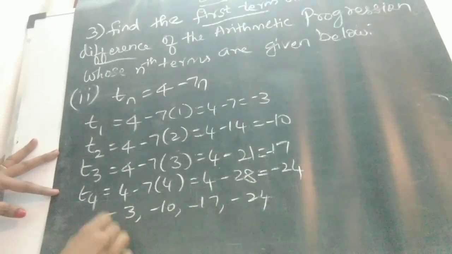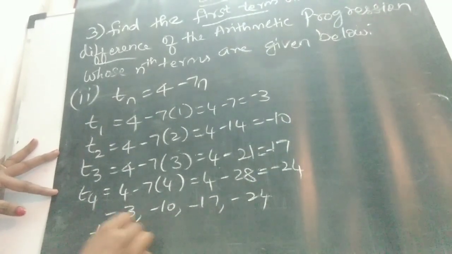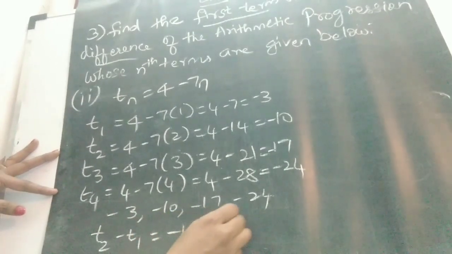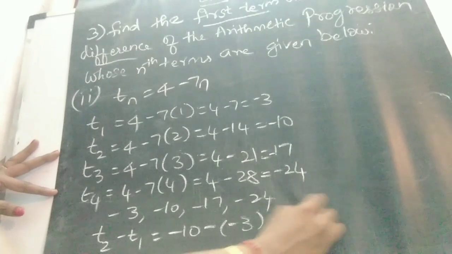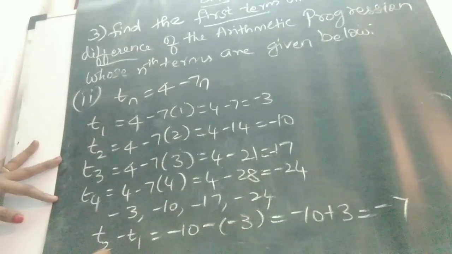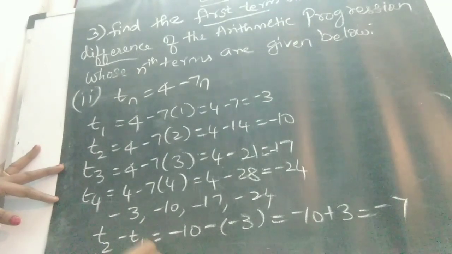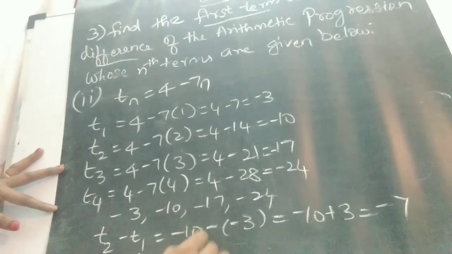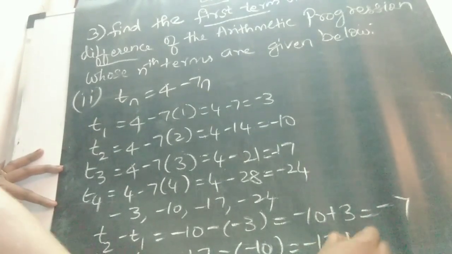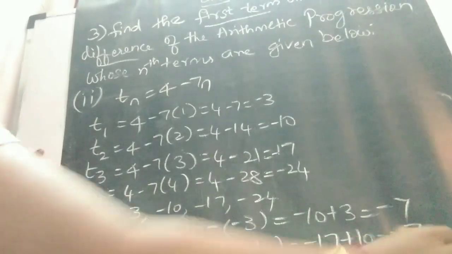So what you do? Subtract and find out T2 minus T1. Second term minus first term. Minus 10 minus of minus 3. That is minus 10 plus 3. The difference is minus 7. Right? T3 minus T2, which is minus 17 minus of minus 10. Minus 17 plus 10. That is minus 7.